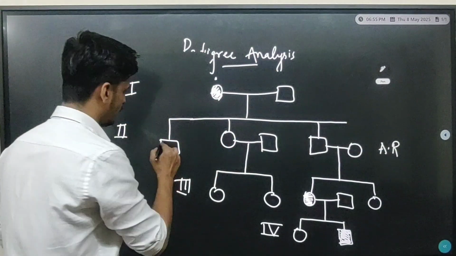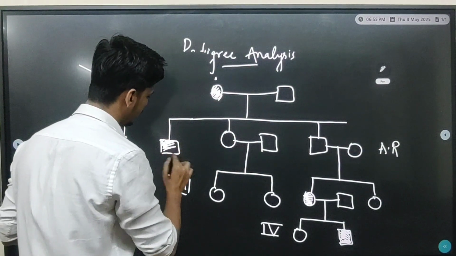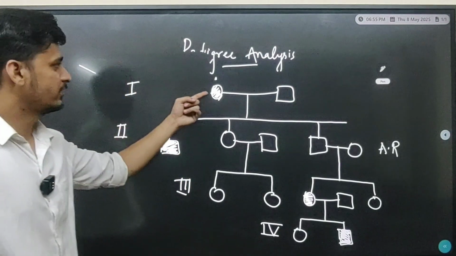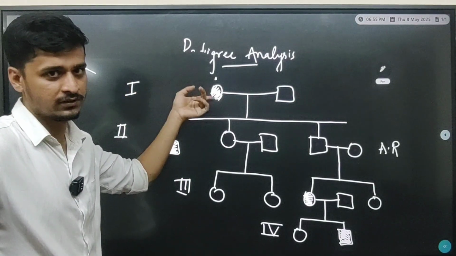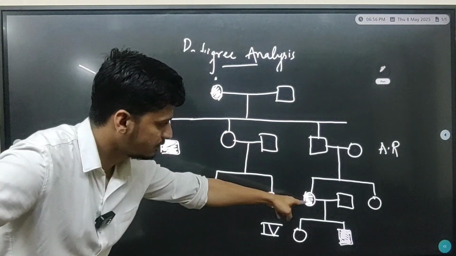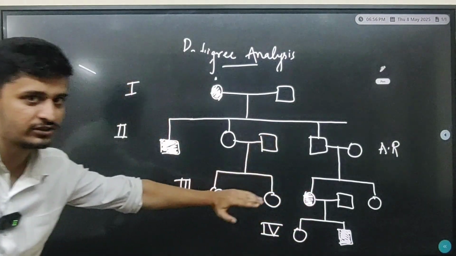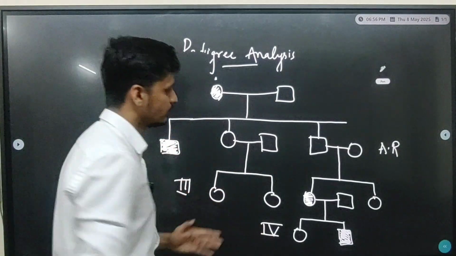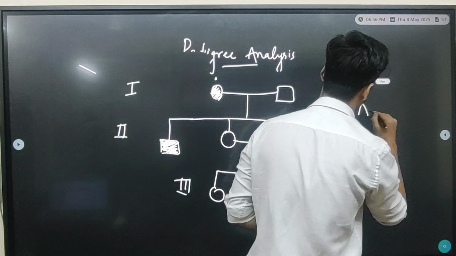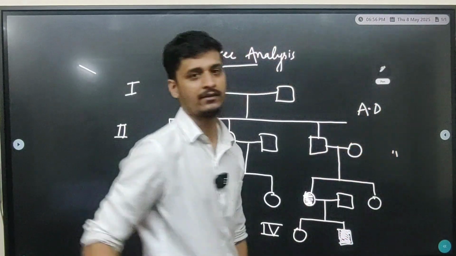For example, if generation 1 has a diseased individual, and generation 2, generation 3, generation 4 also do, then in all generations the disease is present, so this kind of pedigree is autosomal dominant.